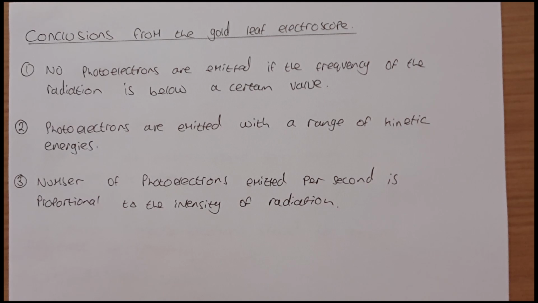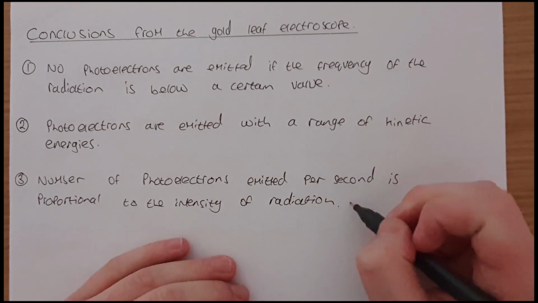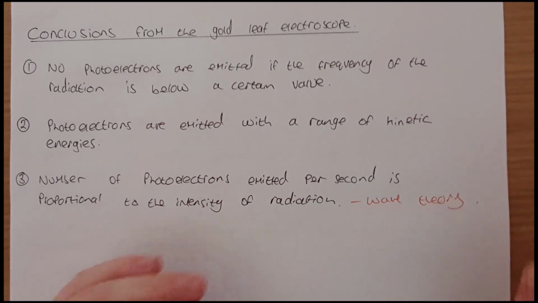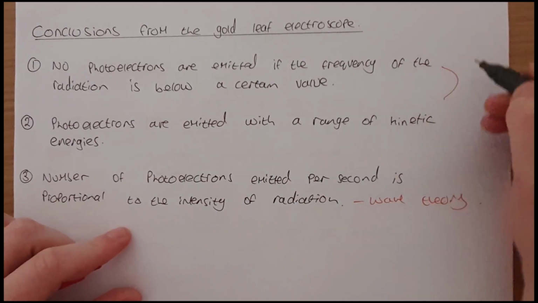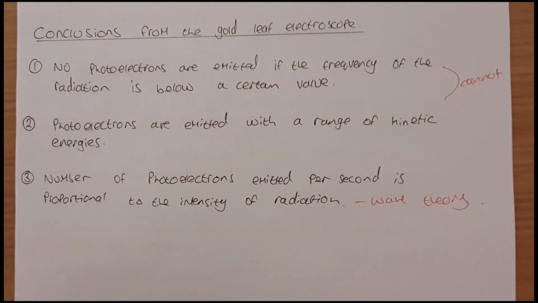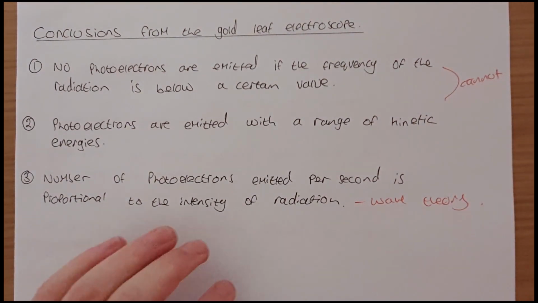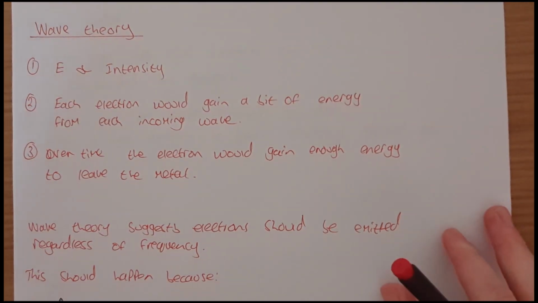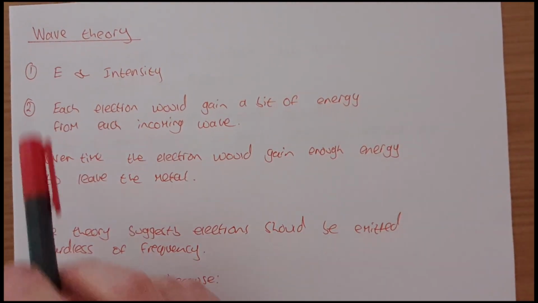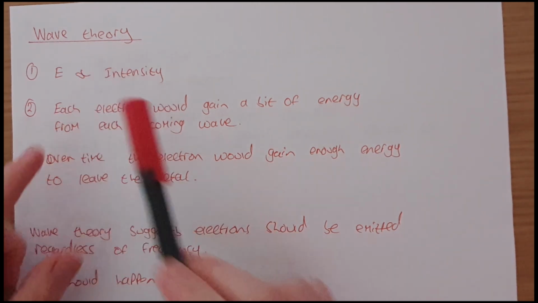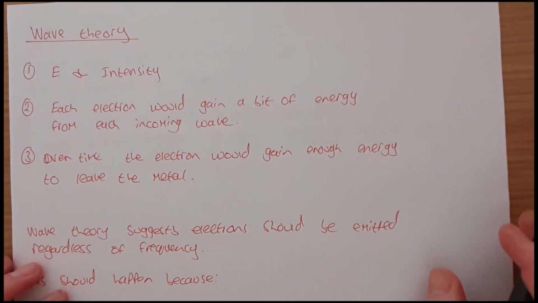Now, 3 can be explained by wave theory. 1 and 2 cannot. Now, wave theory says the following. Wave theory tells us that if we increase the energy, we increase the intensity because it's a proportional relationship.